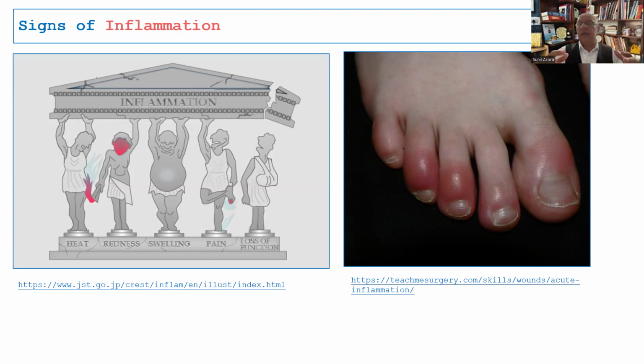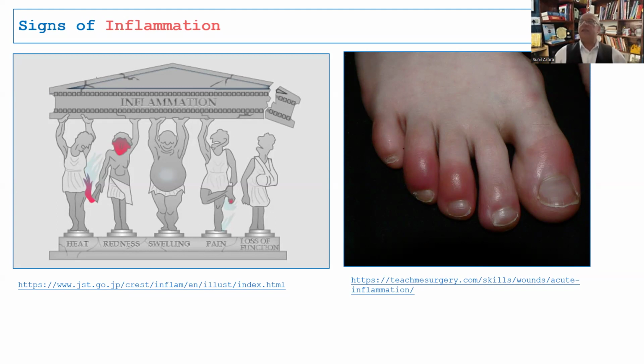And chronic inflammation you see in hay fever and some periodontal diseases, atherosclerosis, osteoarthritis. All these are conditions which happen because of the chronic condition.